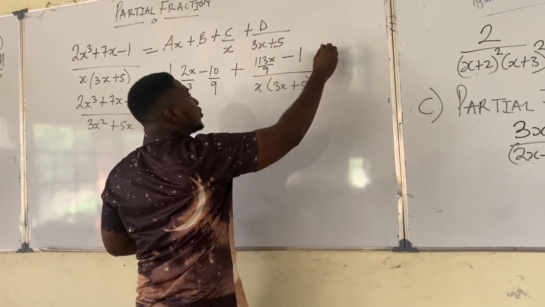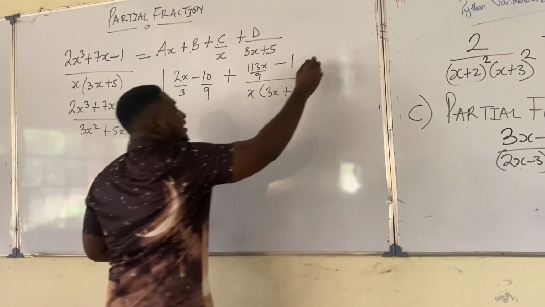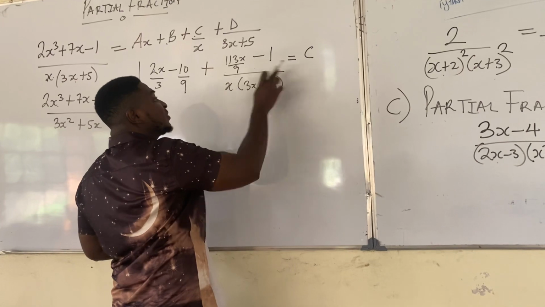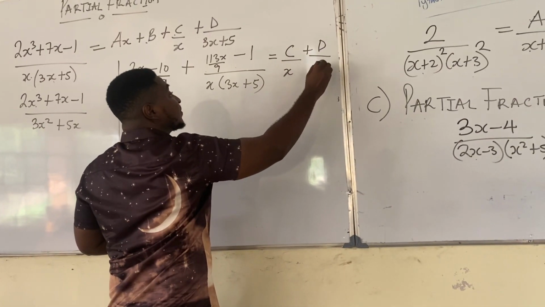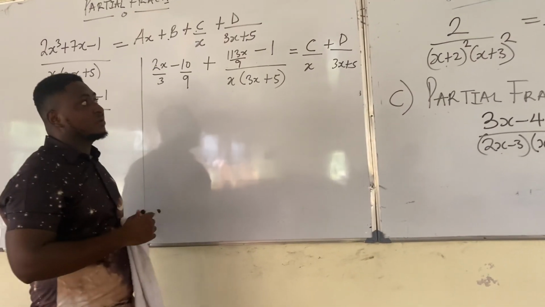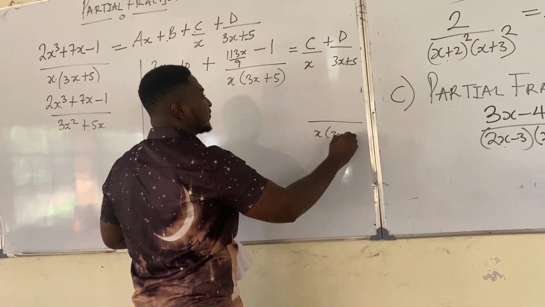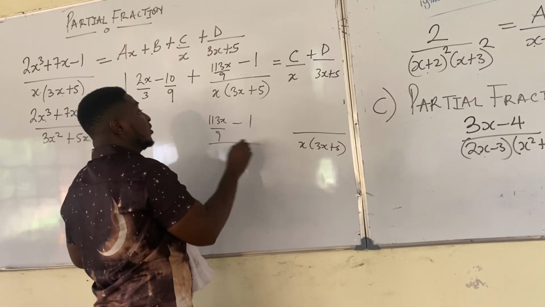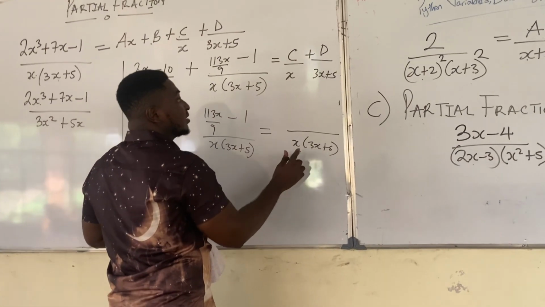This will now be equal to, now we already confirmed that this is A and this is B, right? So let us say C. How do we usually solve partial fractions, class? If you have two factors, you say C all over x plus D all over 3x plus 5. We then find the LCM. This x into bracket 3x plus 5, and this 113x over 9 minus 1 all over x into bracket 3x plus 5.